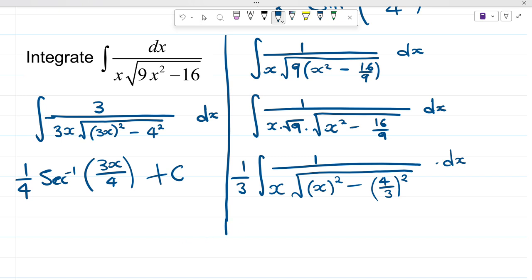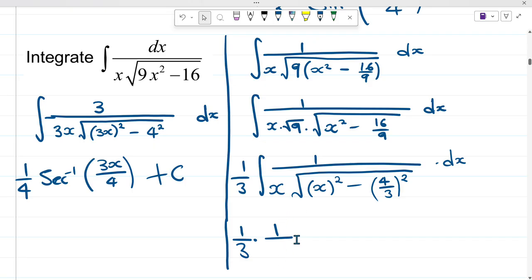So we're going to have this 1 over 3 multiplied by 1 over a. Our a here is 4 over 3. So 1 over 3 that I wrote out here is this one, and we take it to the answer, right? Now I'm applying the formula.